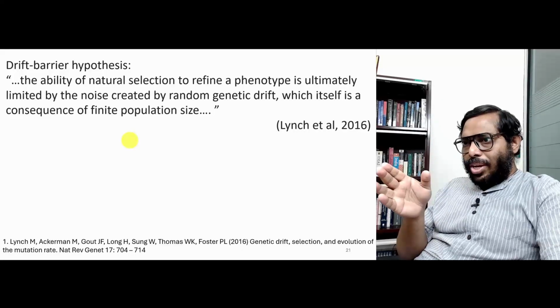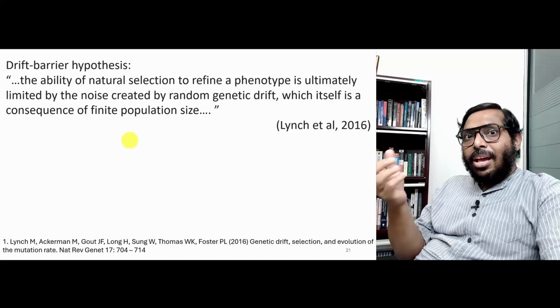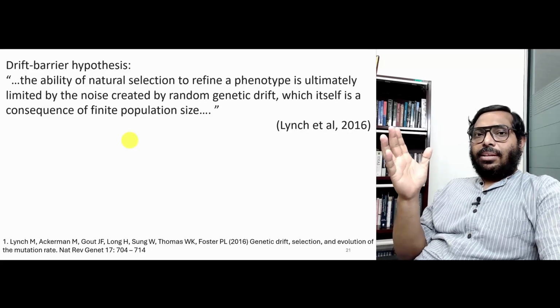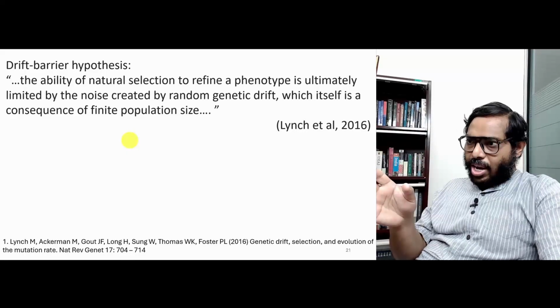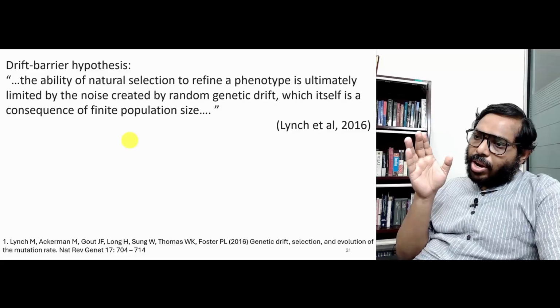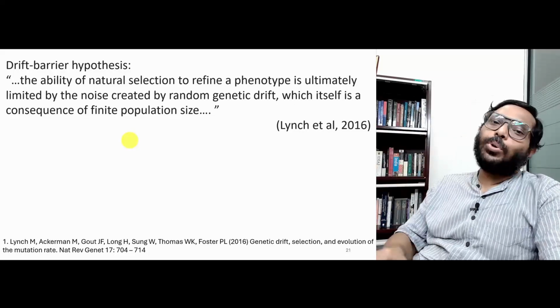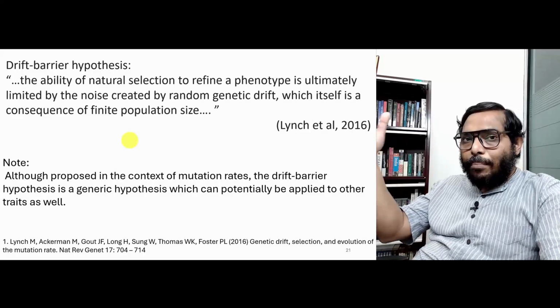Now, note that in this definition you do not even see mutation rate. So, the basic principle is generic. It is applicable to any kind of phenotypic trait. The trait in the context of which Lynch et al. have studied it in great detail is mutation rate, but that does not necessarily mean that it will not apply to other places.